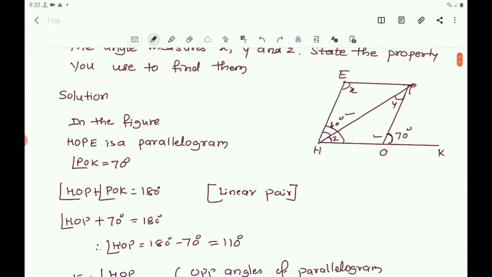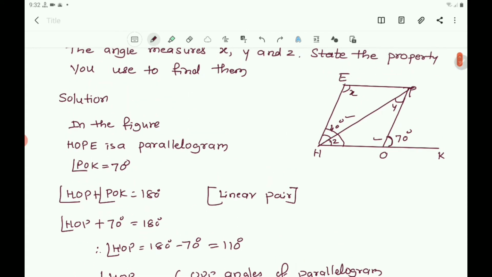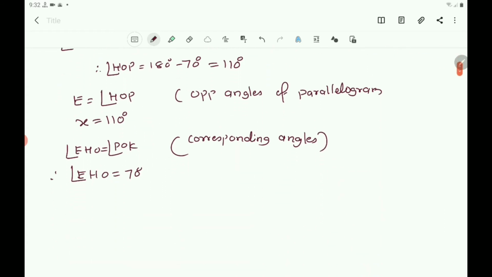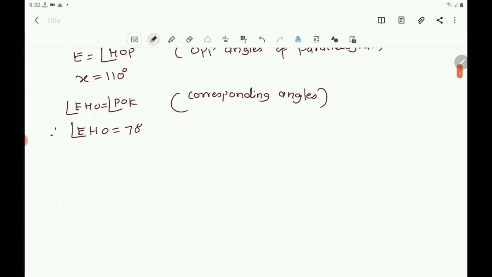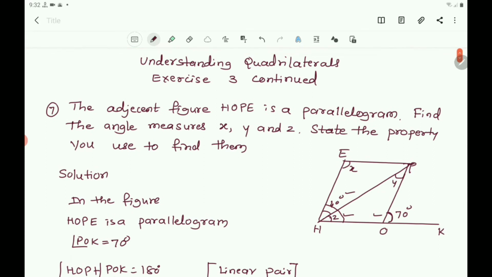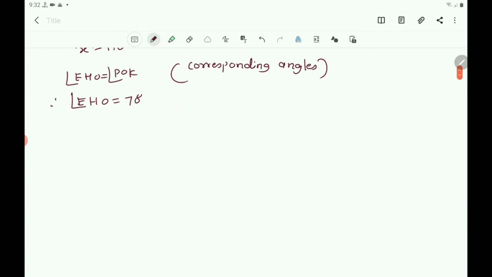Next you will get the measurement of angle z by subtracting 40 degrees from the angle EHO. So you write, therefore z is equal to 70 degrees minus 40 degrees.